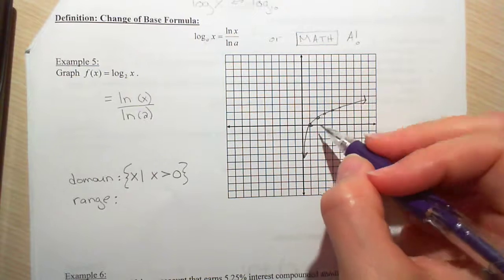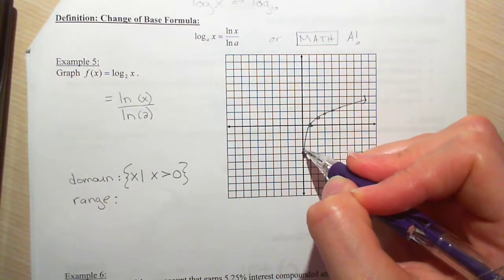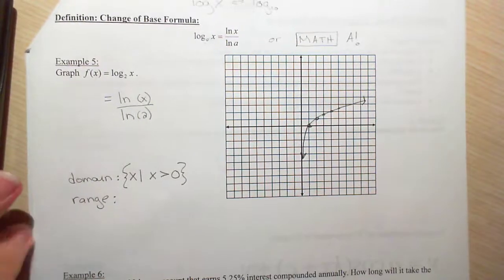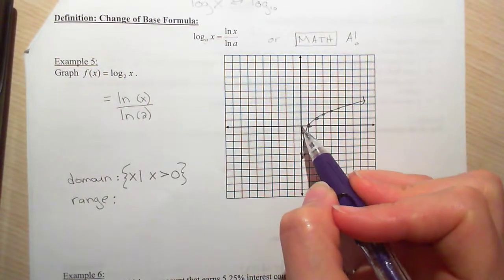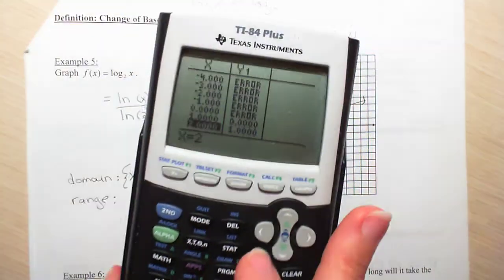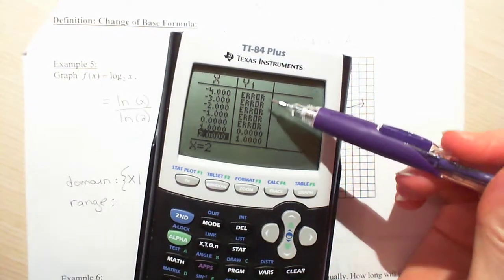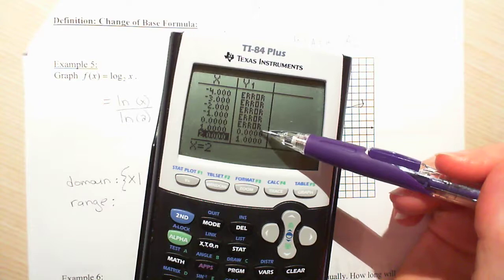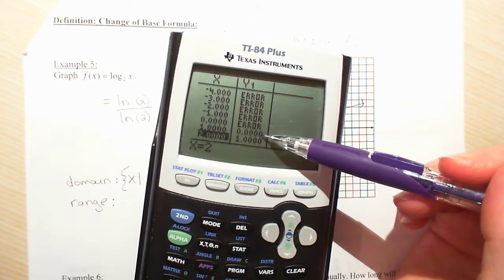So you have all these positive values. It keeps going down here, so you do have these negative y values, and they happen between 0 and 1. So when I look at my table, it looks like, oh, I don't have these negative y values, but all these other negative y values happen right in here between 0 and 1.